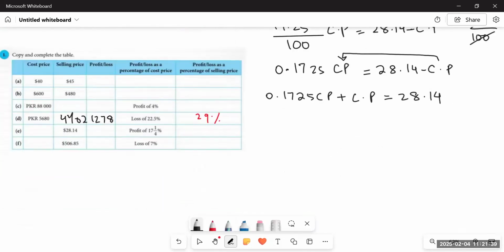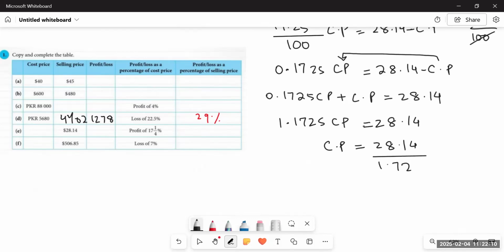Now, the coefficient of this CP is 0.1725 and the second CP is 1. So 1 plus 0.1725 is 1.1725 CP altogether is equal to 28.14. This is all you have learned in detail in grade 6. Now, in the next step, we will divide 28.14 by 1.1725.